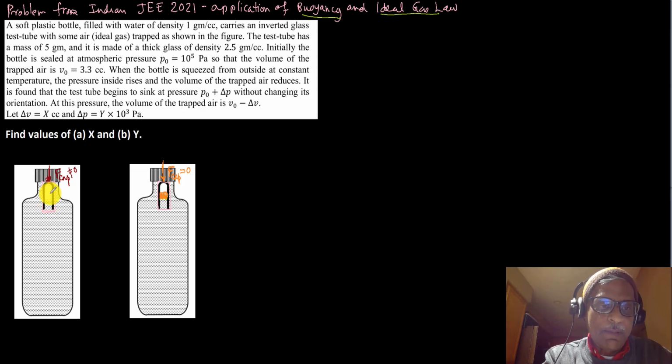Initially, inside there the pressure is P0, the volume here is V0, some air is trapped there, and the pressure outside here is P0. So everything is in equilibrium.